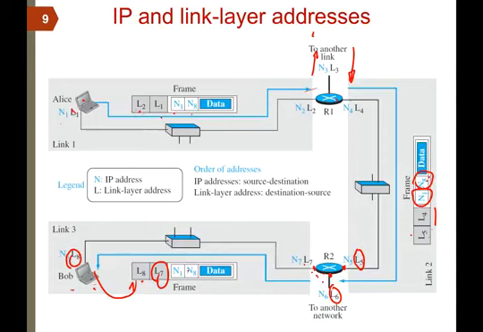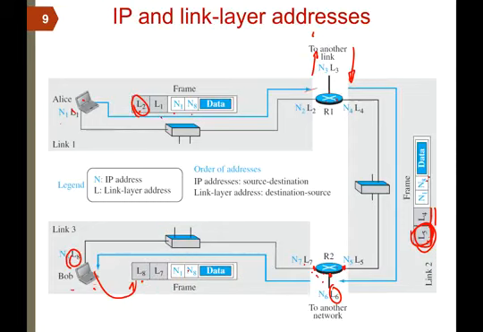So now, as we said, we need a protocol to get this L2 and this L5, because when you assemble the packet, you know your MAC address, but you don't know this router port's MAC address. So how do you get this?